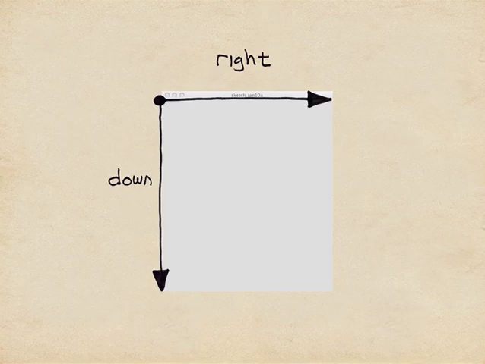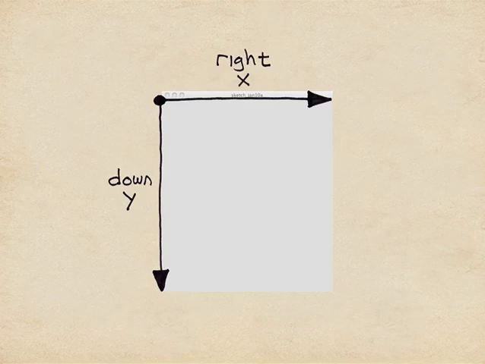Now, you might remember a coordinate system from high school geometry where the x-axis goes to the right and the y-axis goes up. In Processing, the x-axis goes to the right and the y-axis goes down. It's a little bit different, but that's because of the way we draw things.